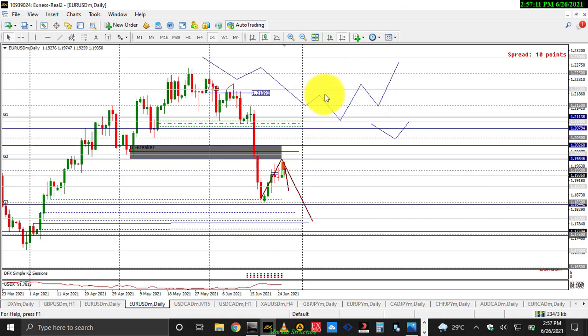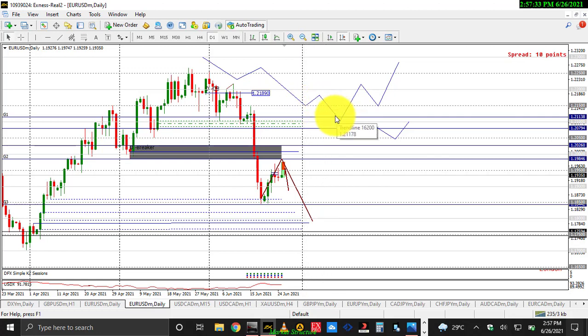Before this high was broken, you should know that all sell stops around this area should have already been taken out, which is what we are having over here.